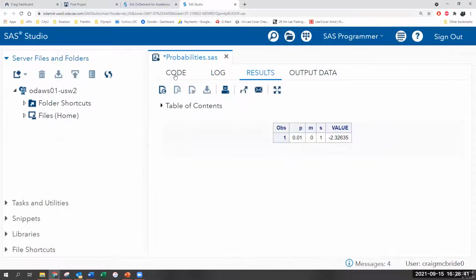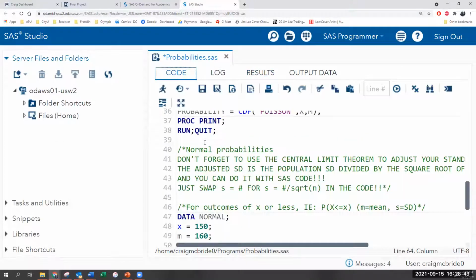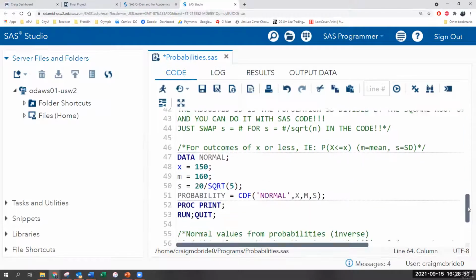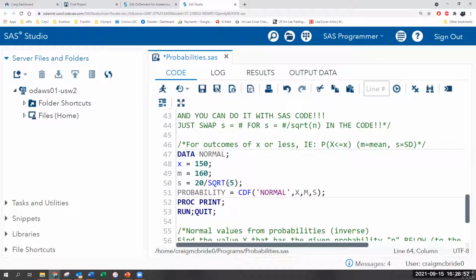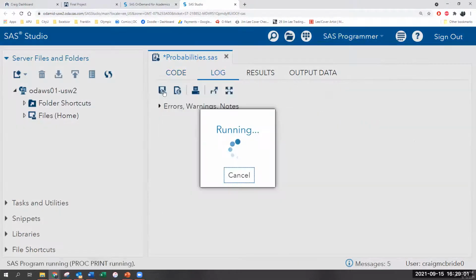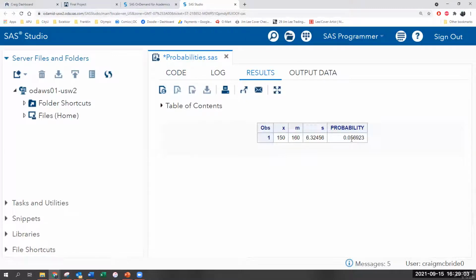For instance, we could go back here and play around with this and find it by trial and error, more or less, right? So this is a sample size of 5. All right, let's try a sample size of 10 and see what we get. All right, so now we're at almost 6%.